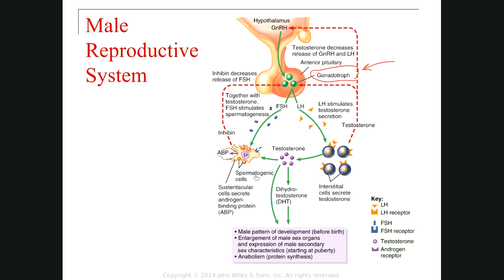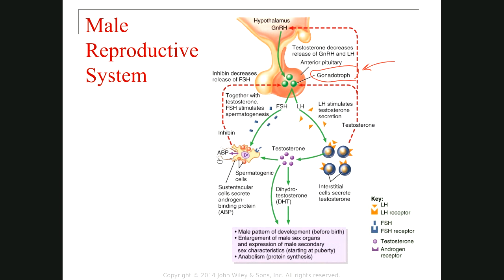On the other side, it works on the Sertoli cells, and the Sertoli cells can make ABP or androgen binding protein. This androgen binding protein can attract the testosterone, which is secreted from interstitial cells or Leydig cells in the interstitial tissue.